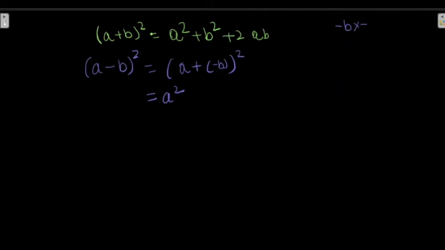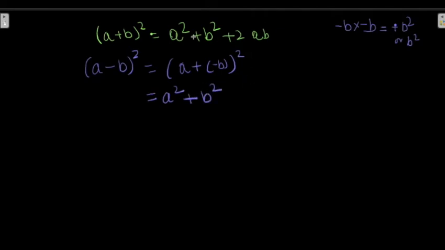Minus b into minus b. This minus and this minus together, when multiplied, will become plus. So it becomes plus b square, right? So here it becomes b square.